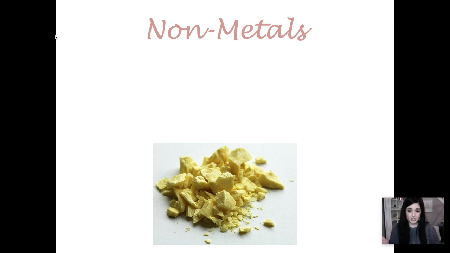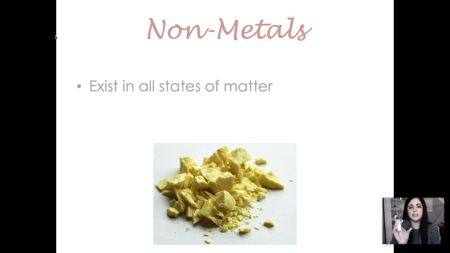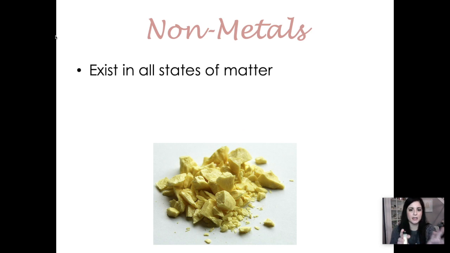Another one you also looked at was carbon. So here's a big piece of charcoal that you might use in a grill outside. But both of these are non-metal elements, and you can clearly see the different characteristics that the nonmetals have compared to the metals. And the one thing about the nonmetals that's interesting is that these exist in all states of matter.